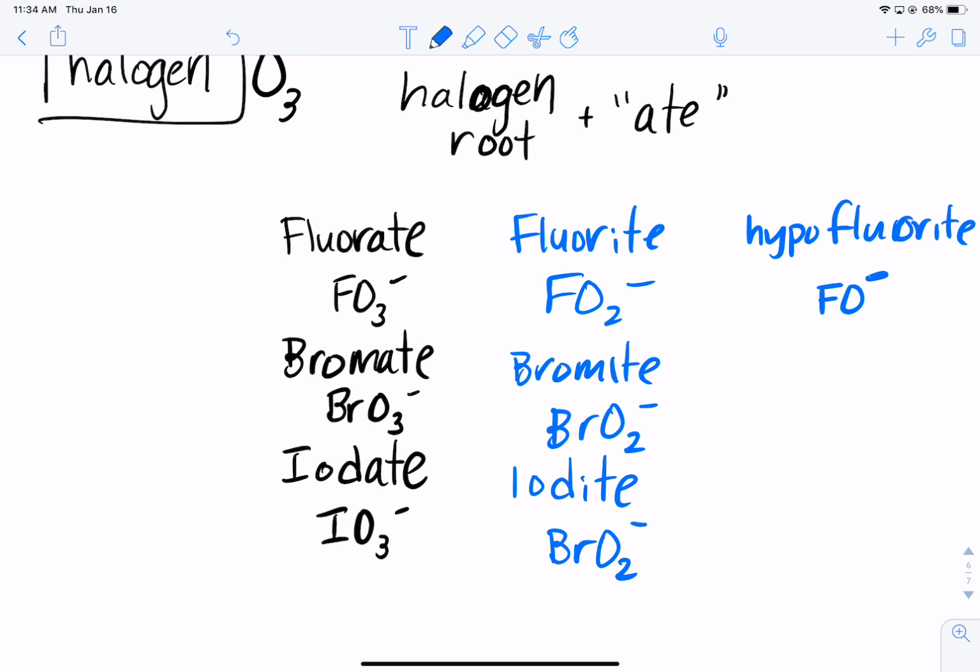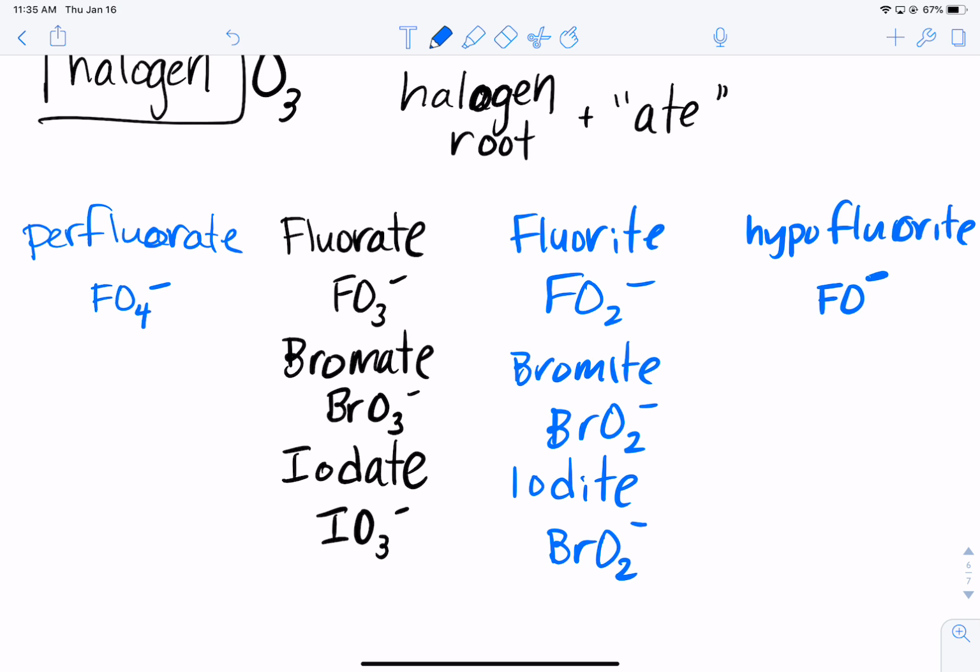And then, of course, if you do per in front of your fluorate, you have one more oxygen. So do you see this pattern? It's O4, O3, O2, O1, I guess. They're all negatively charged. And it's just some halogen with oxygens, and you get to plug in whatever halogen you want.